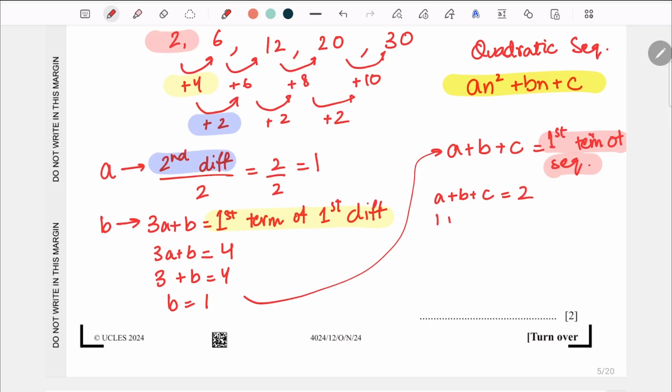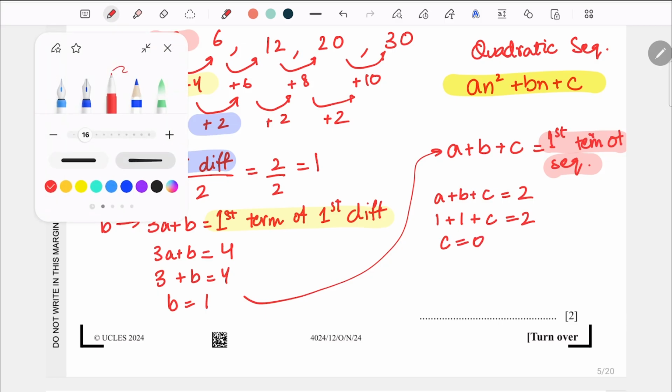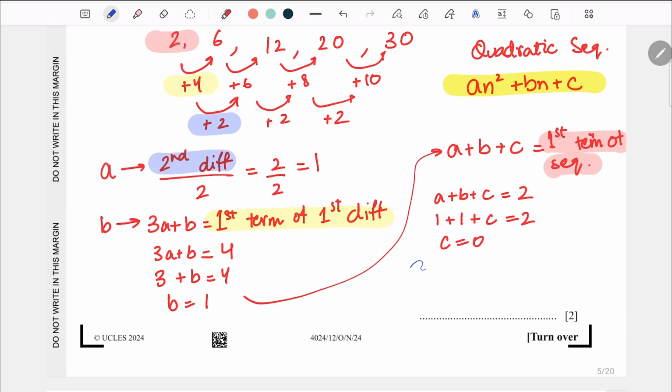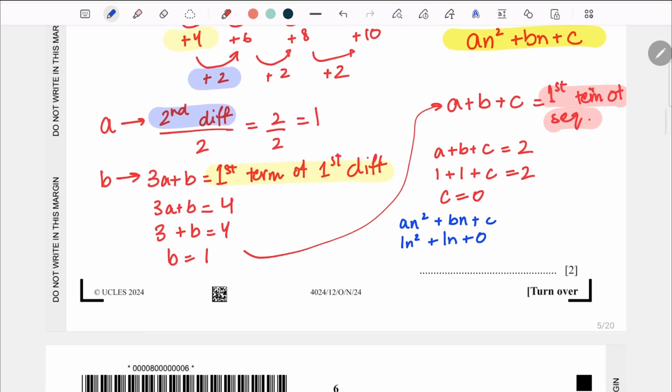A and b we calculated were 1, so c will be equal to 0. Finally the overall equation will be an square plus bn plus c. A is 1, so 1n square, plus b is also 1, so 1n, plus 0. So the final equation will be n square plus n.